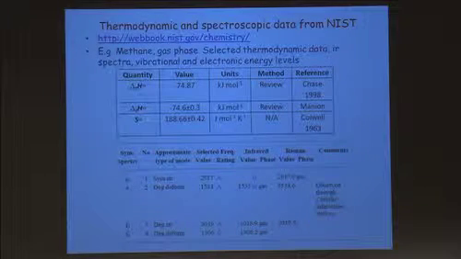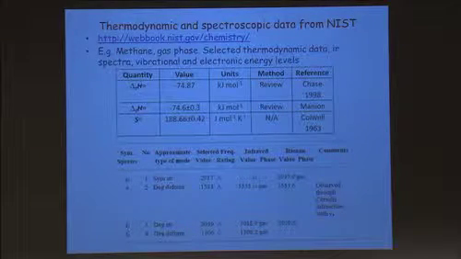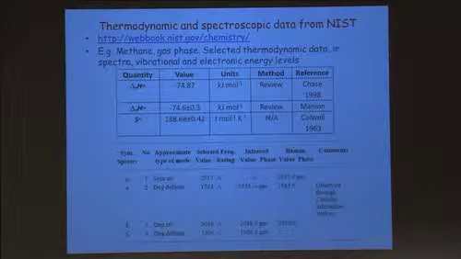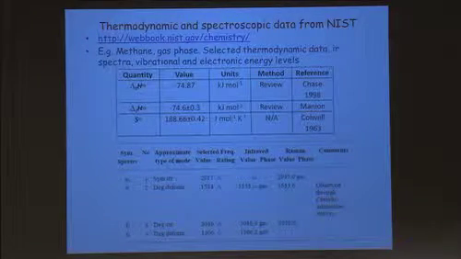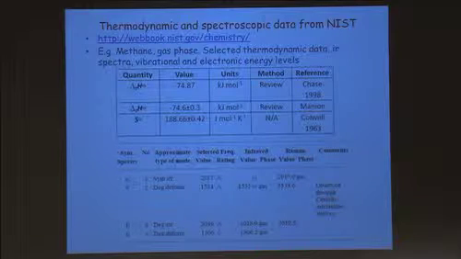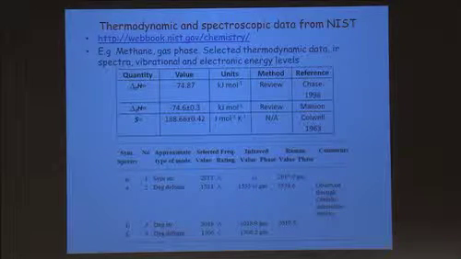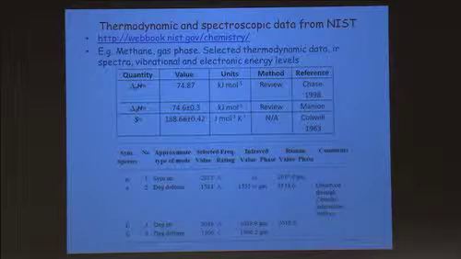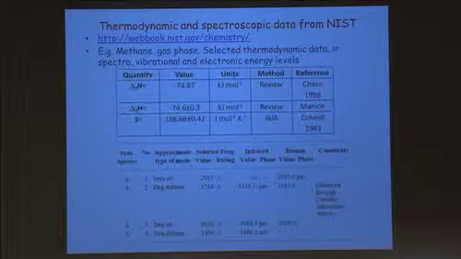It's useful to know where to go to get thermodynamic data. And one place to go is the NIST Webbook. The NIST Webbook is, in principle, a good source of information. And so this is methane in the gas phase.